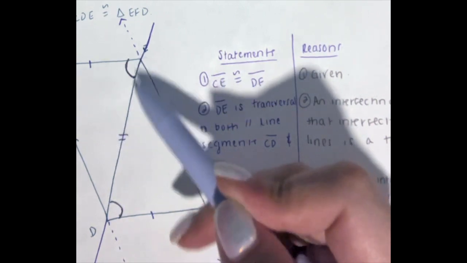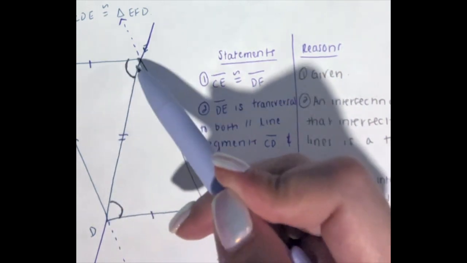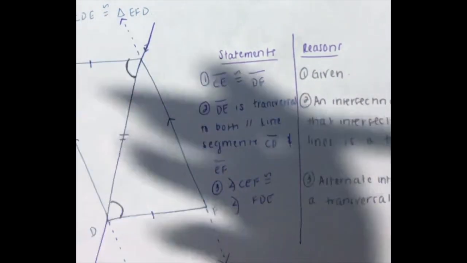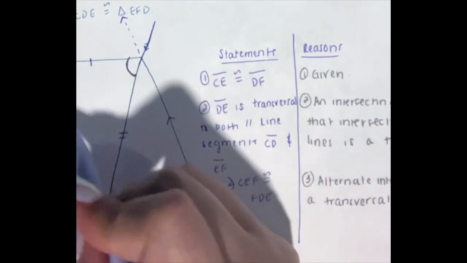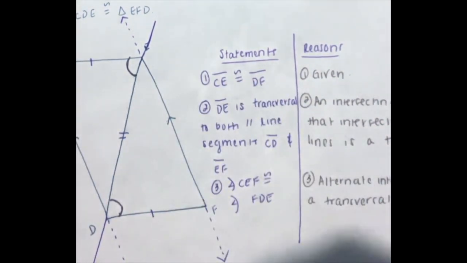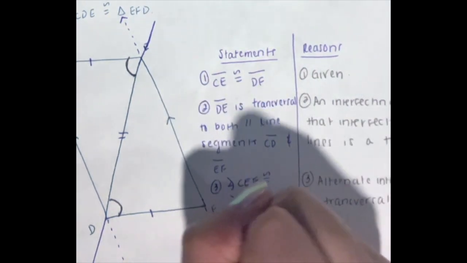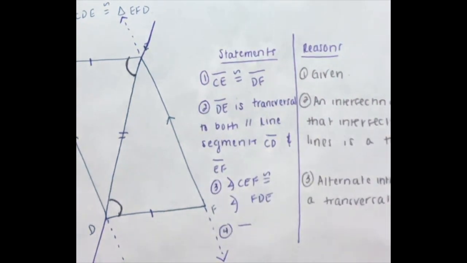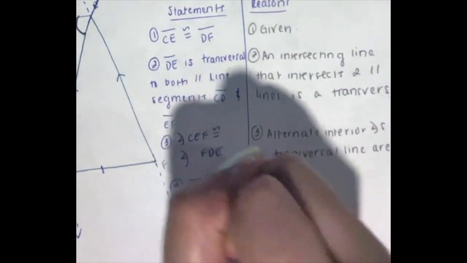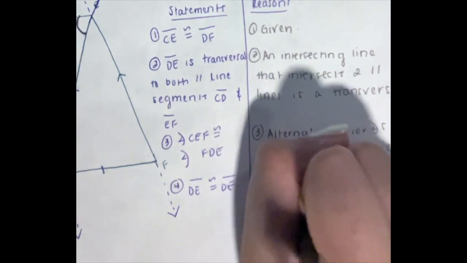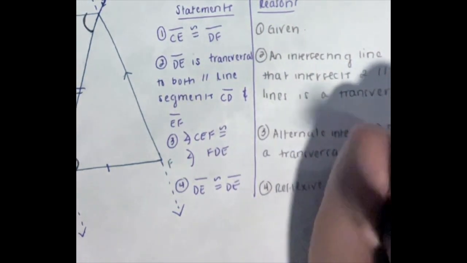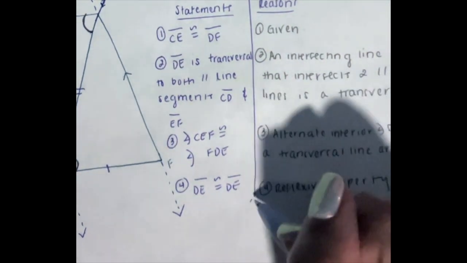This is a reflexive property, where because this side belongs to this triangle and this side belongs to this triangle, it has the same measurement. So we will say that line segment DE is congruent to line segment DE because of the reflexive property. And with that said, we have enough information to prove why triangle CDE is congruent to EFD.